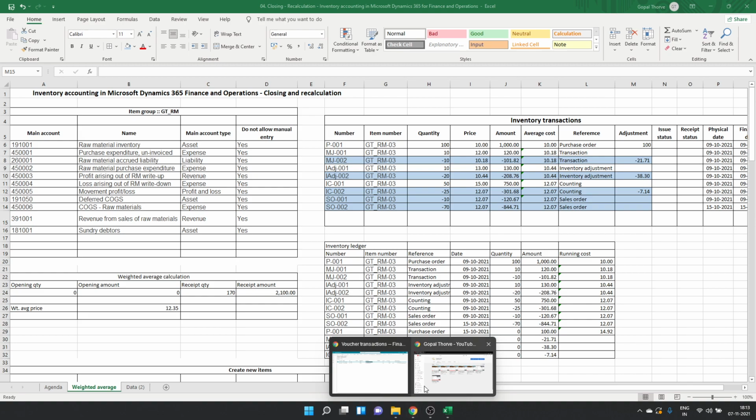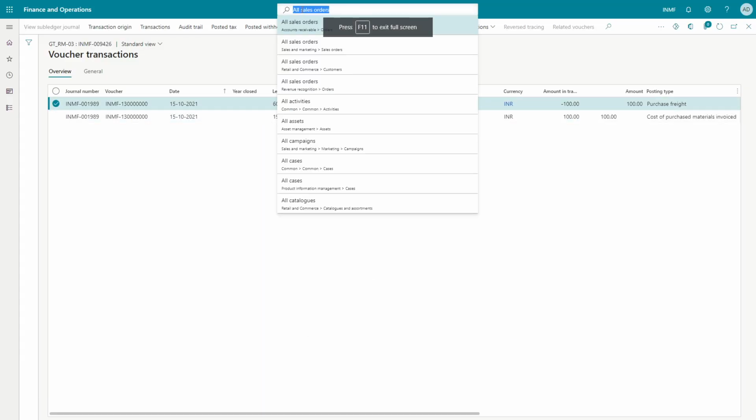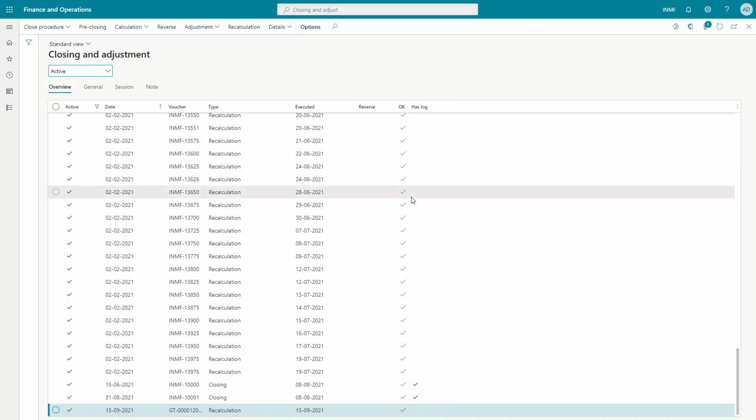Okay, now meanwhile, let us run the closing and adjustment also, because it will take some time. In the cost management module, in inventory accounting, we have closing and adjustment. We'll go in there. We'll go to close procedure and close inventory.